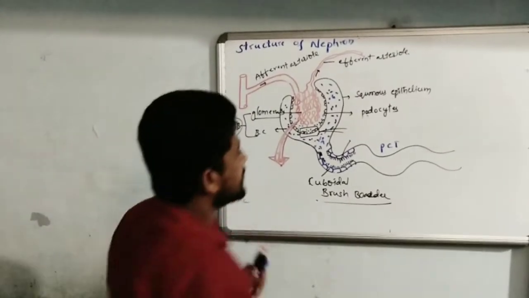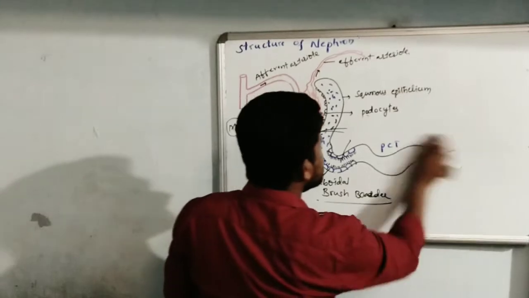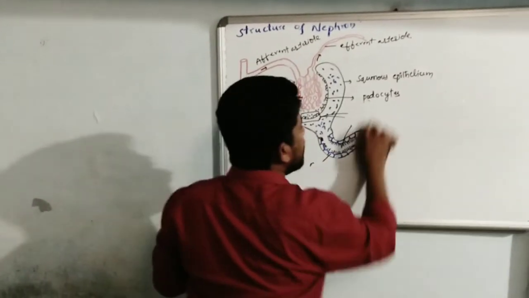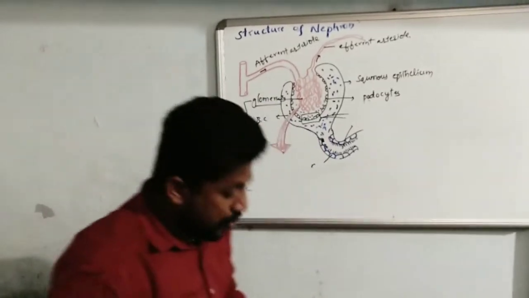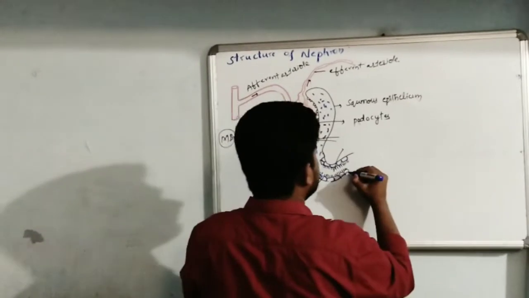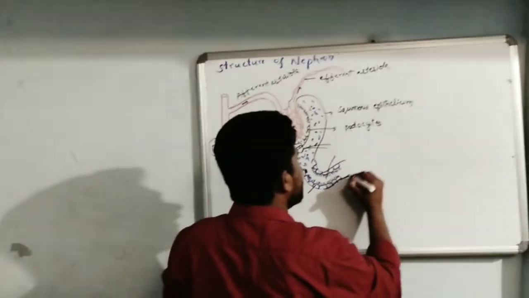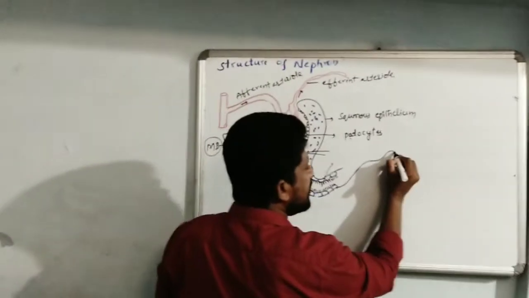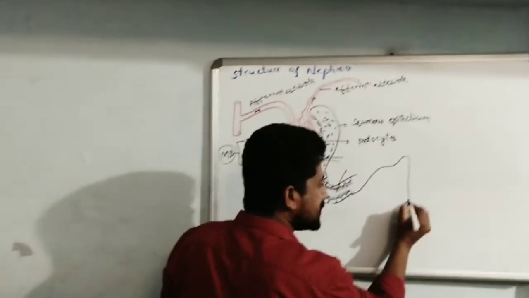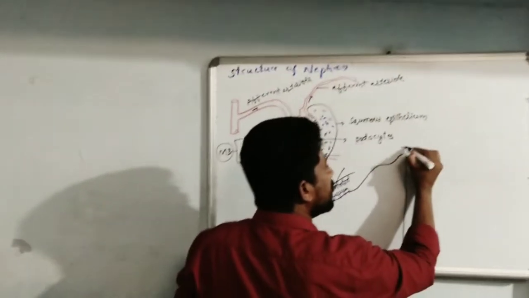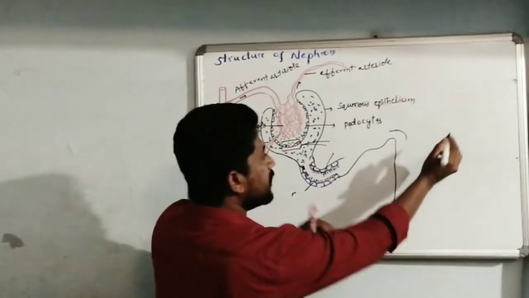The PCT is continuous as the loop of Henle. See the diagram here. The loop of Henle shows a hairpin-like structure with two portions.